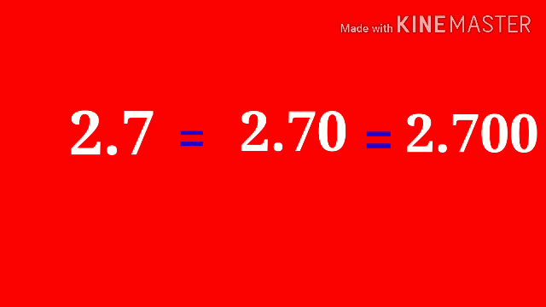When we put zeros at the end of a decimal number, it does not change its value. In the same way, when we remove zeros at the end of a decimal number, it does not change its value. From this, we understand decimal numbers which have the same value are called equivalent decimals.